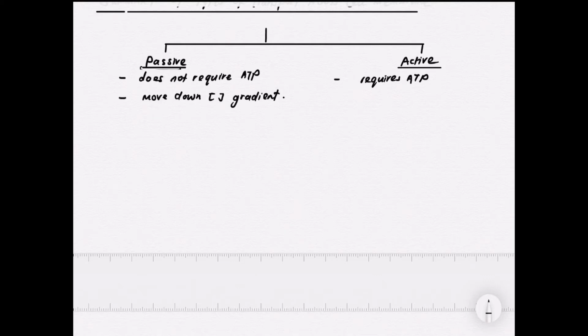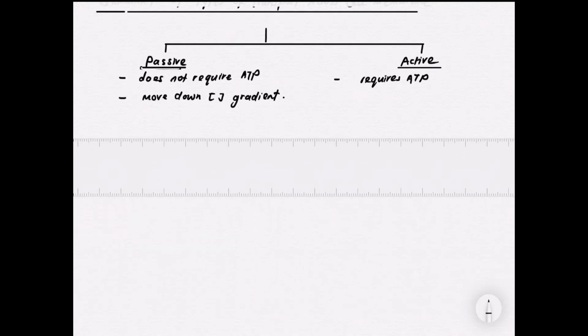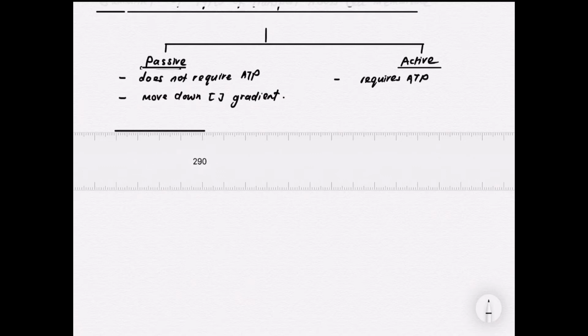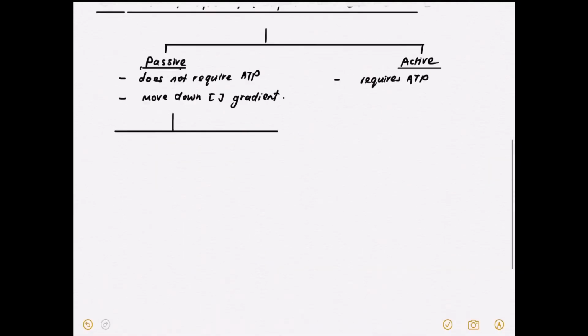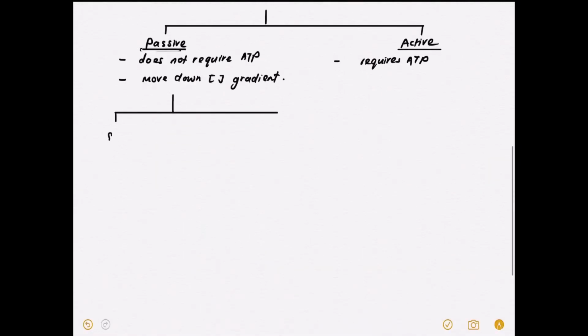So what are the examples of process that is under passive transport? In total, we have 3. The first one will be simple diffusion. Simple diffusion. What kind of molecules uses simple diffusion?